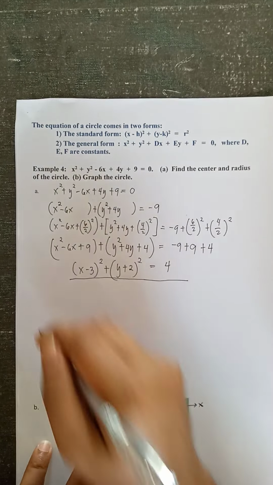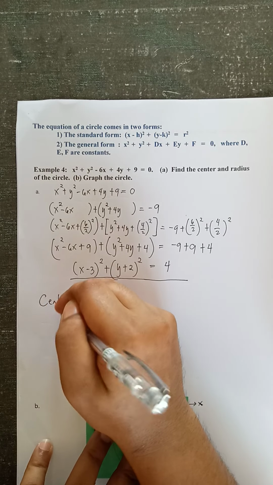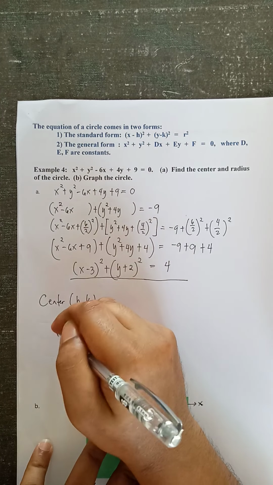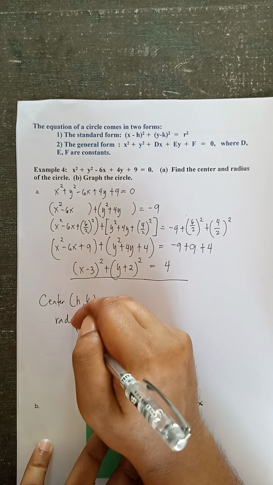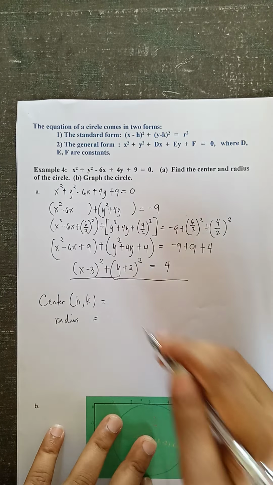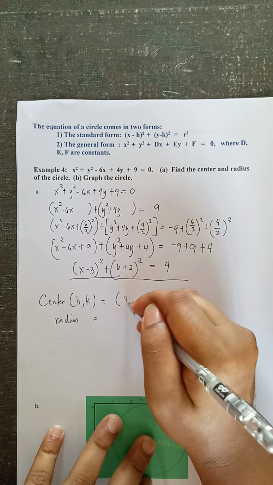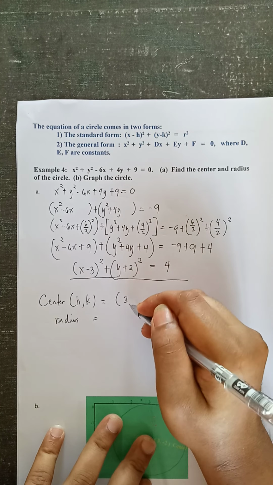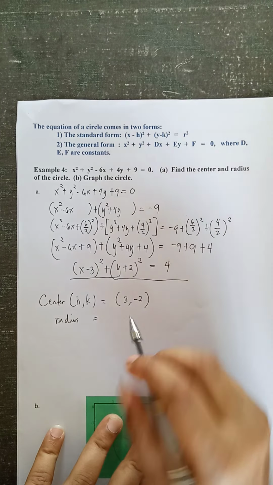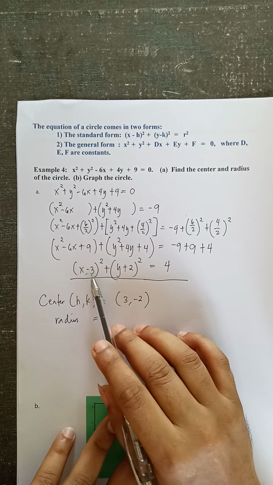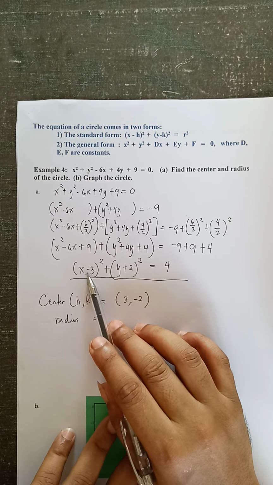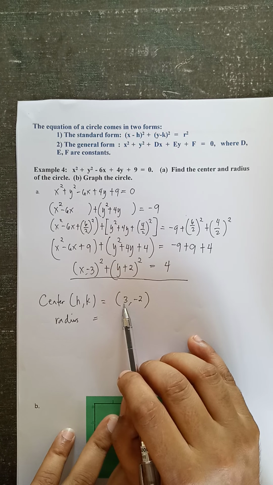So we can now find the center, h and k, as well as the radius. So the center, h and k, is equal to 3 and negative 2. 3 siya kay ang gisundan sa atong equation sa atong h is negative, so therefore ang h niya is positive 3.